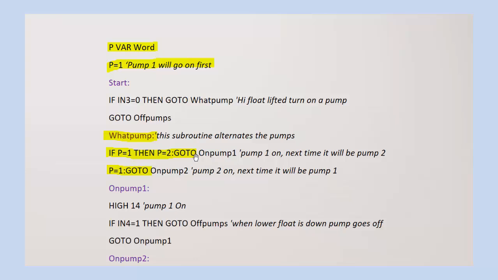And we're also going to go to on pump 1, that subroutine. If P does not equal 1, we're not going to go with this then statement. We'll go to the next line, where we're going to change P to 1, and then we're going to turn on pump 2. So that's our extra bit of software we put into the program in order to have the pumps alternate.